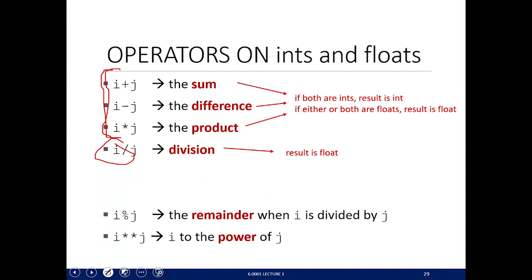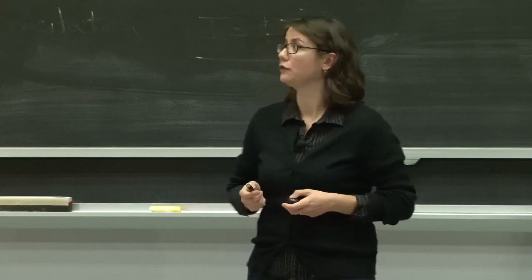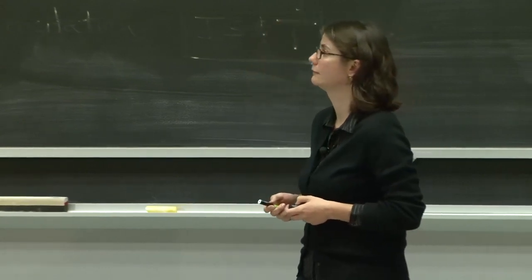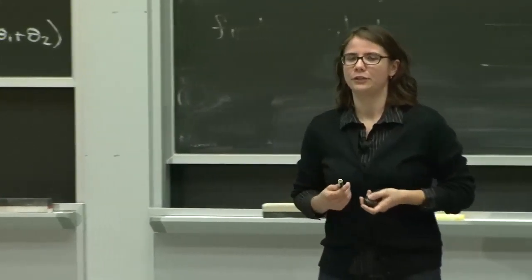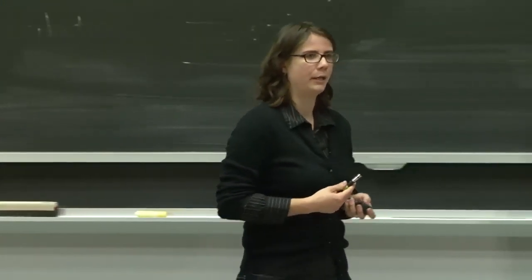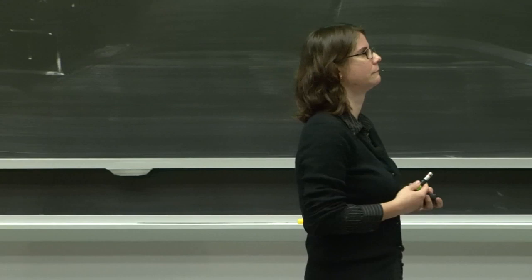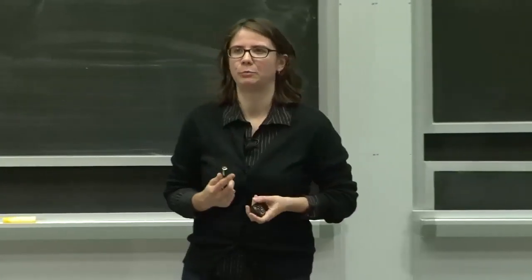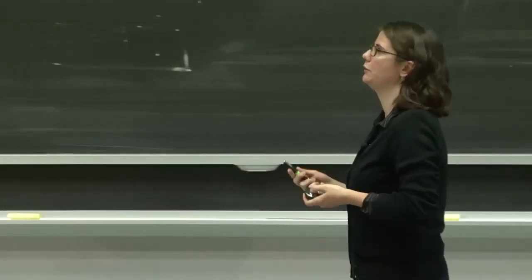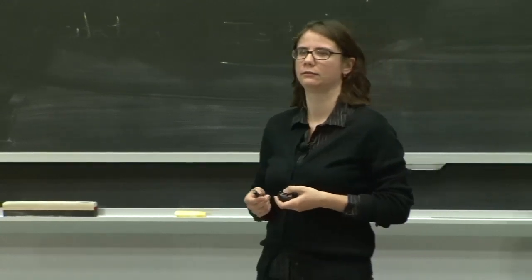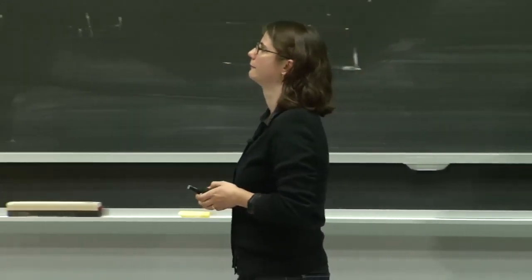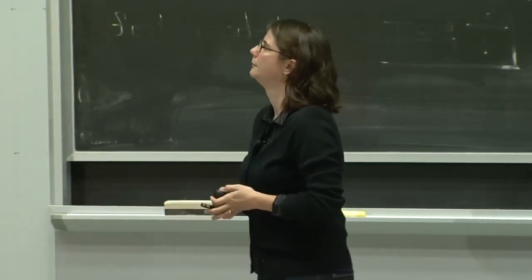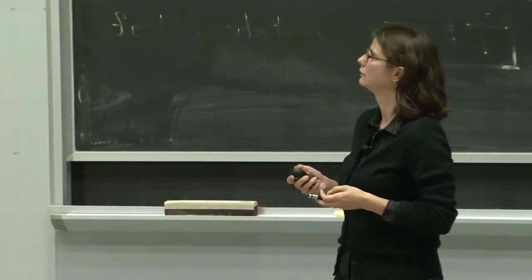And i star star j is going to take i to the power of j. So these operations have the typical precedence that you might expect in math, for example. And if you'd like to put precedence towards some other operations, you can use parentheses to do that.